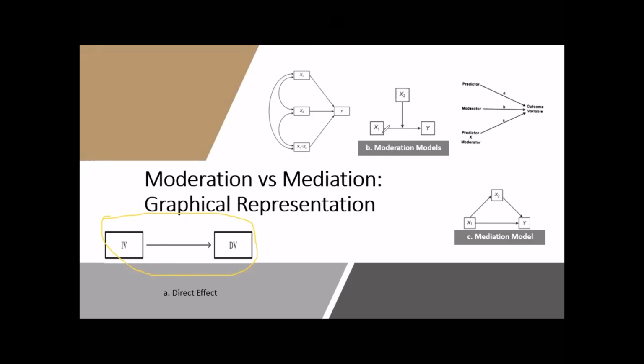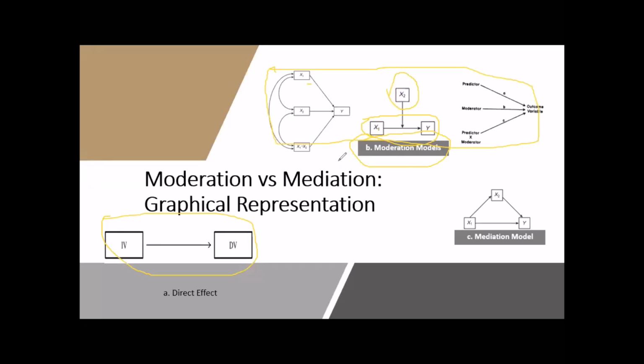But when we look at the models drawn as moderation models, we can see the relationship is not limited to two variables only. Rather, there is some third variable affecting the relationship between two variables. These three specific models drawn here are the graphical representation of the moderation analysis.